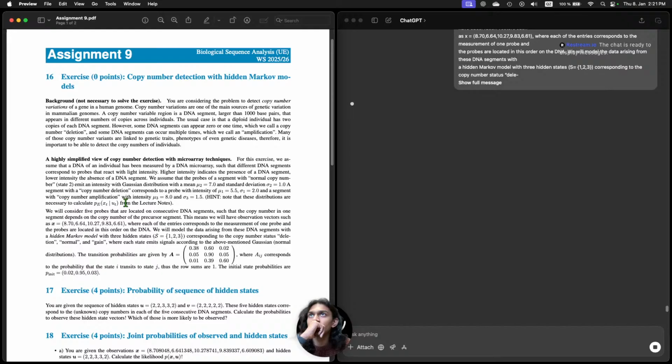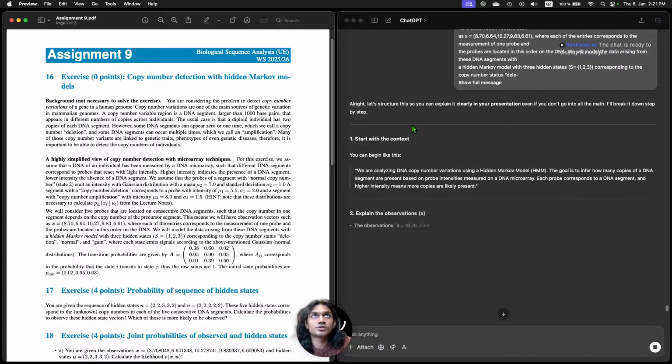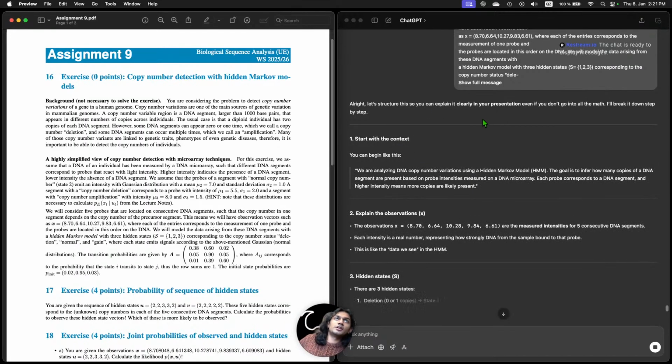These distributions are necessary to calculate P of X. Okay, okay. All right, let's structure this so you can explain clearly in your presentation. We are analyzing DNA copy number variation using a hidden Markov model. The goal is to infer how many copies of a DNA segment are present based on the probe intensities measured on a DNA microarray.